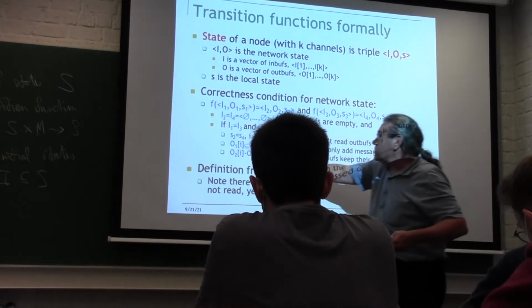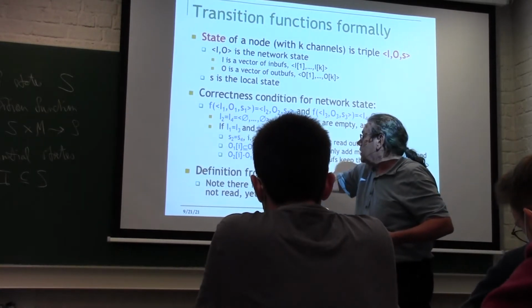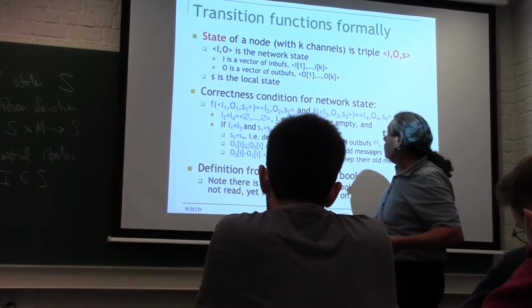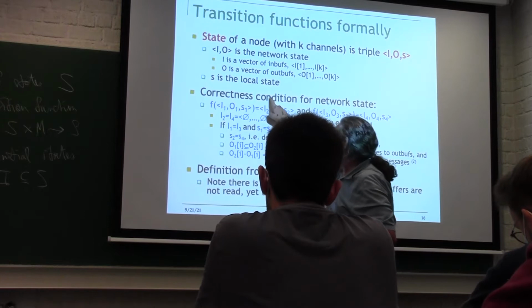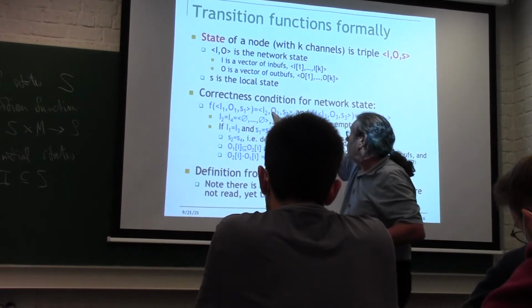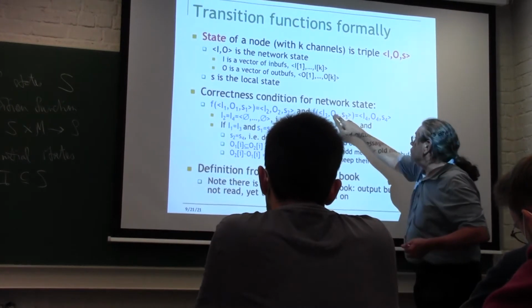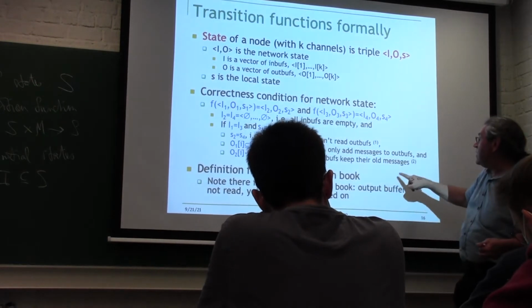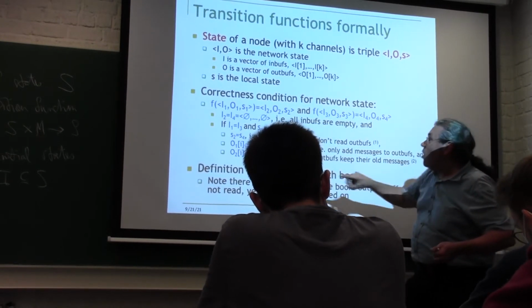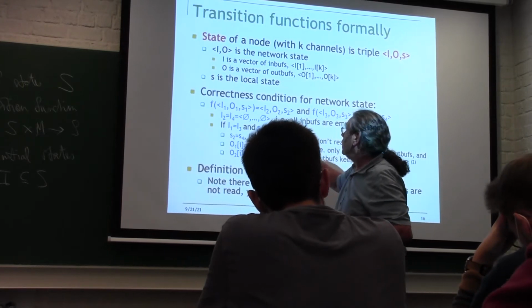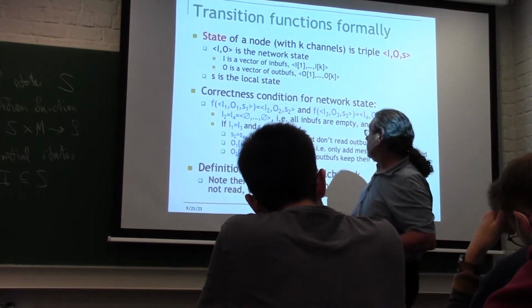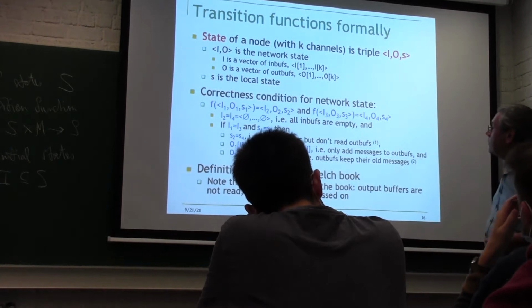And the other thing is O2 minus O1 is equal to O4 minus O3. That means O2 minus O1 is the messages that were sent here, and O4 minus O3 is the messages that were sent in the other case.